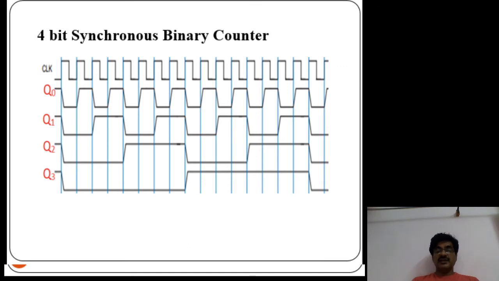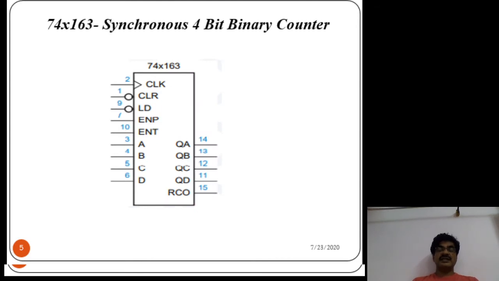Then coming to MSI counters, the important IC here is IC 74163. Very important it is. IC 74163 is a synchronous 4-bit binary counter. Let us see the pin diagram of this one.